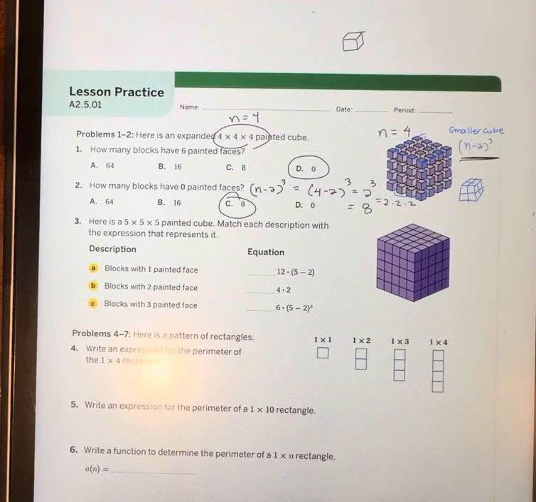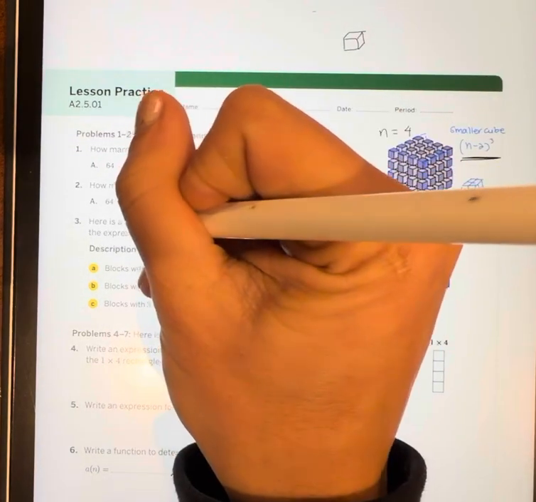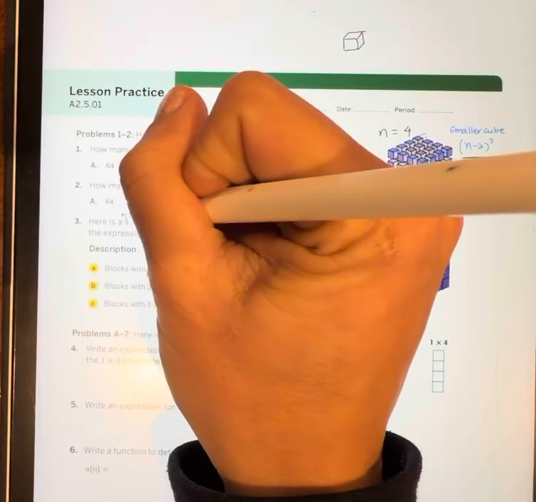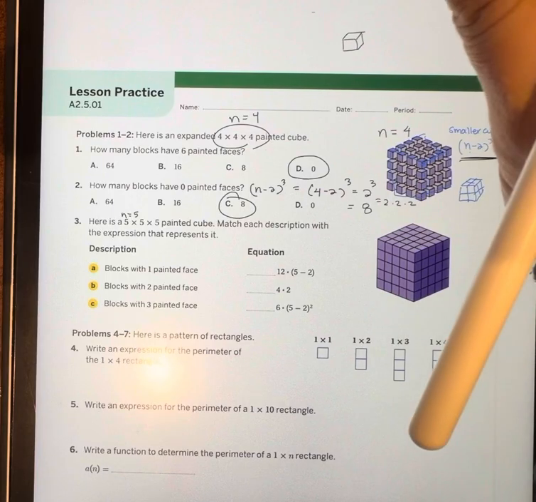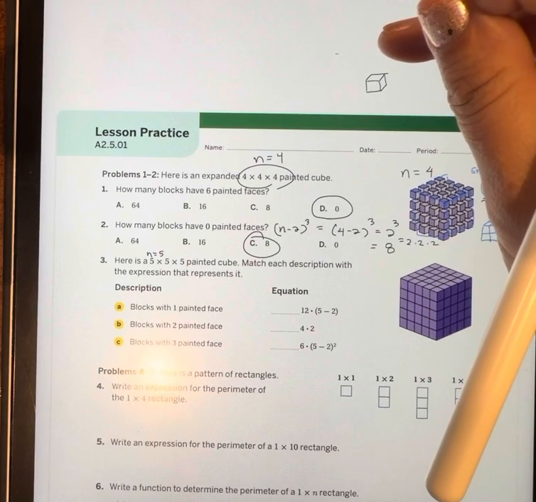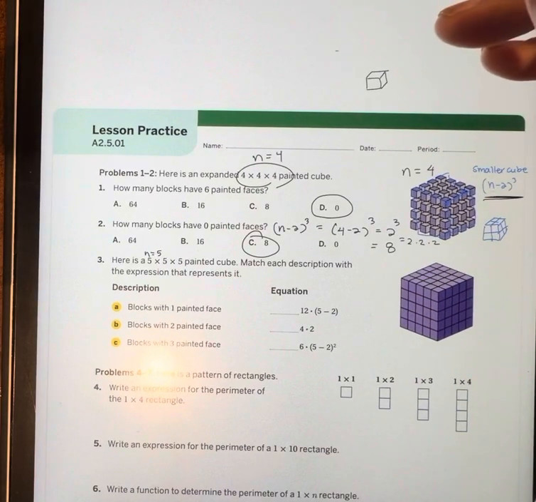Okay, here is a 5 by 5 by 5 painted cube. So now our n is 5. And we're going to match the description with the expression that represents it.